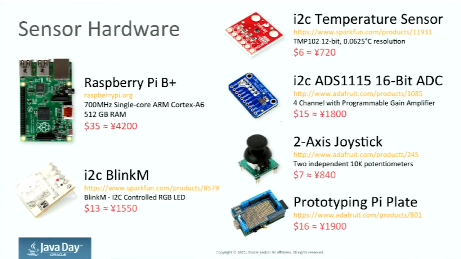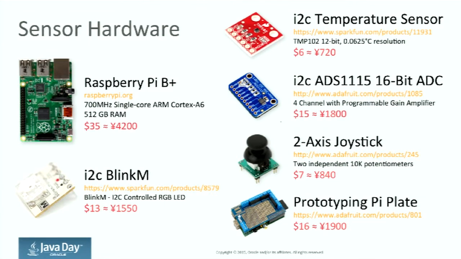On the other side, for the actual sensor device, I have an earlier, simple Raspberry Pi Model B+. I then have an I2C BlinkM, which is a colored LED that can change color, controlled by digital signals over the I2C bus.